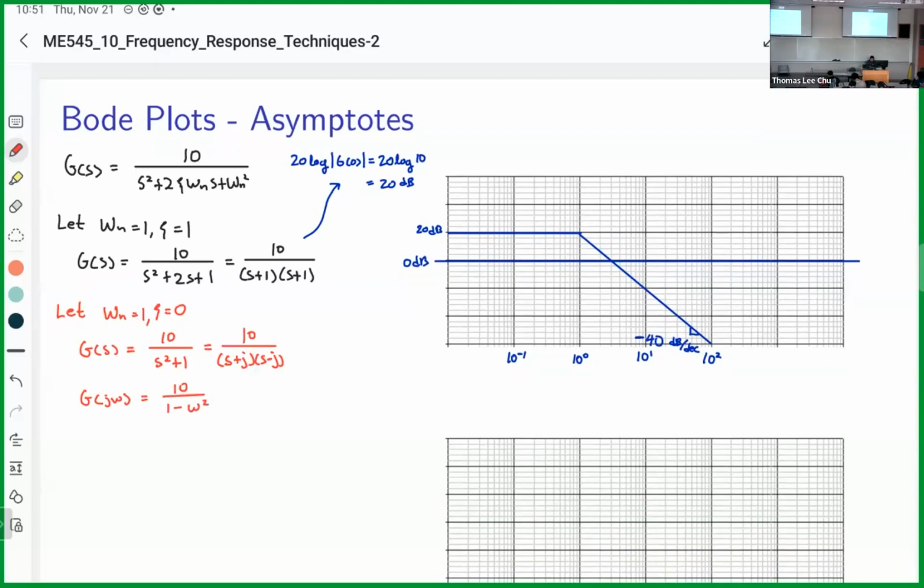So when we hit the break frequency of 1 again, we get division by 0, and it goes to infinity. So we're going to get a sudden increase in magnitude going to infinity.